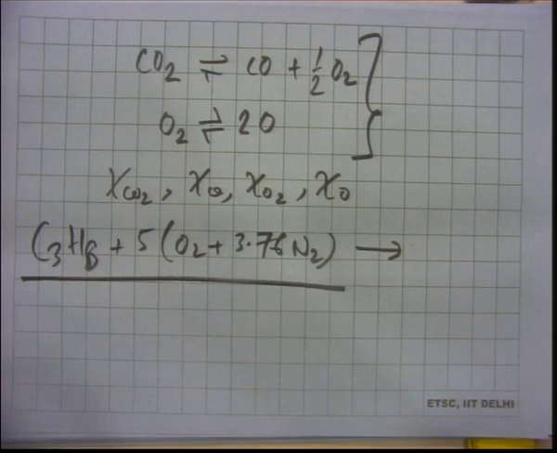In fact, using an equilibrium constant approach like the one which we discussed in the previous example is not very feasible for hydrocarbon combustion, for complex systems, for many number of species. It is not very feasible.